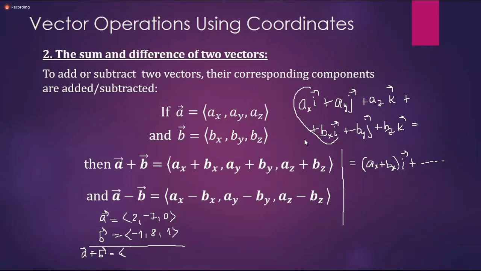If you prefer to do things vertically, also possible, very similar. 2 and minus 1 is 1, minus 7 and 8 is 1, 0 and 1 is 1. Okay, I didn't set out to get this. It's an accident. I wasn't thinking at all about the sum that we might get. But if you need to add or subtract vectors, you could just as well write them one below the other, and you will see exactly what happens. In principle, a very simple thing.